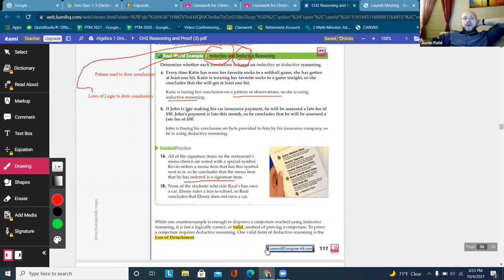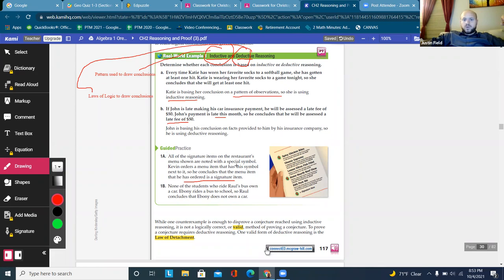All right, so that's the pattern, right? If John is late in making his car insurance payment, he will be assessed a late fee of $50. John's payment is late this month, so he concludes that he will be assessed a late fee of $50. That is a rule, okay? So it's a rule given to him by his insurance company. That's deductive reasoning.